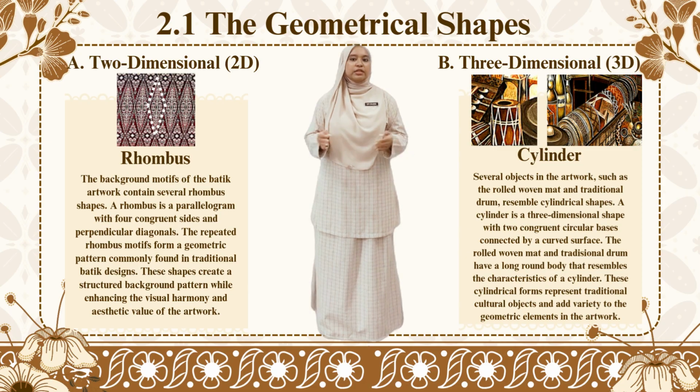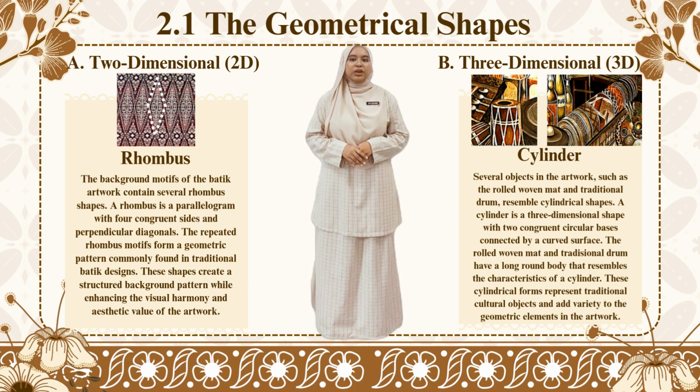In addition to the two-dimensional shapes discussed earlier, the artwork also contains a three-dimensional geometrical shape, which is the cylinder. Several objects in the artwork, such as the rolled woven mat and traditional drum, resemble cylindrical shapes. A cylinder is a three-dimensional shape that has two congruent circles as its bases and a quadrilateral as its lateral surface.